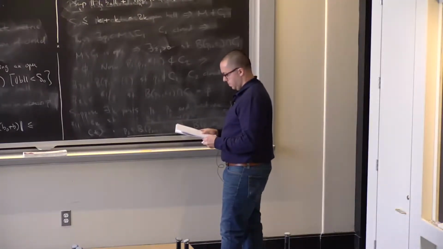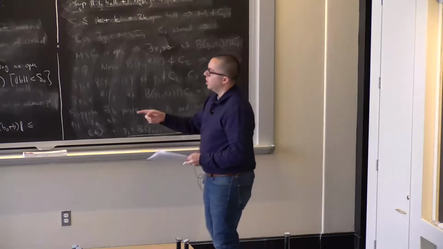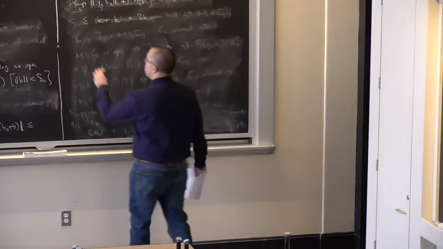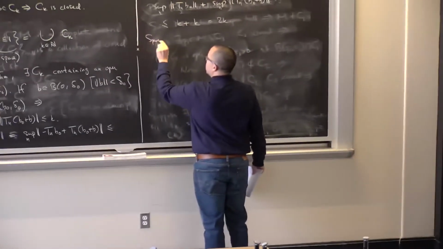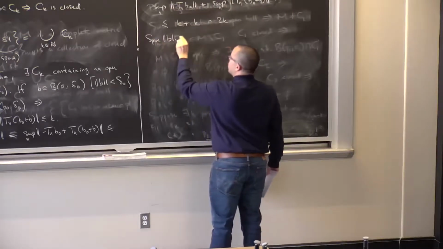All right? And now it's just a simple rescaling argument to show that the sup of the norms is bounded. So suppose the norm of b equals 1.